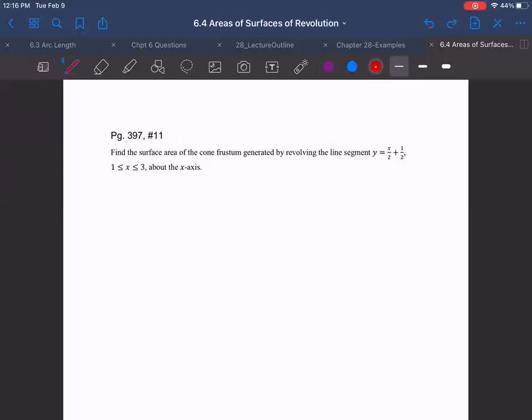You should get 3 pi root 5. I believe that's what I got here. 3 pi times the square root of 5. So try for that one.